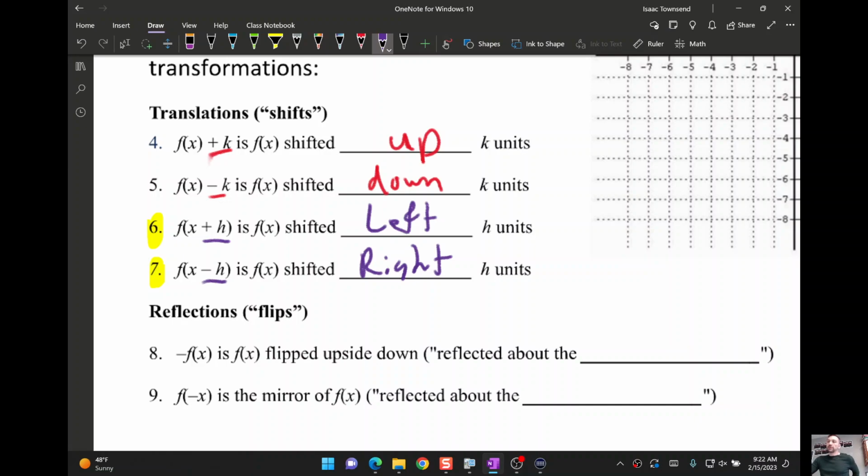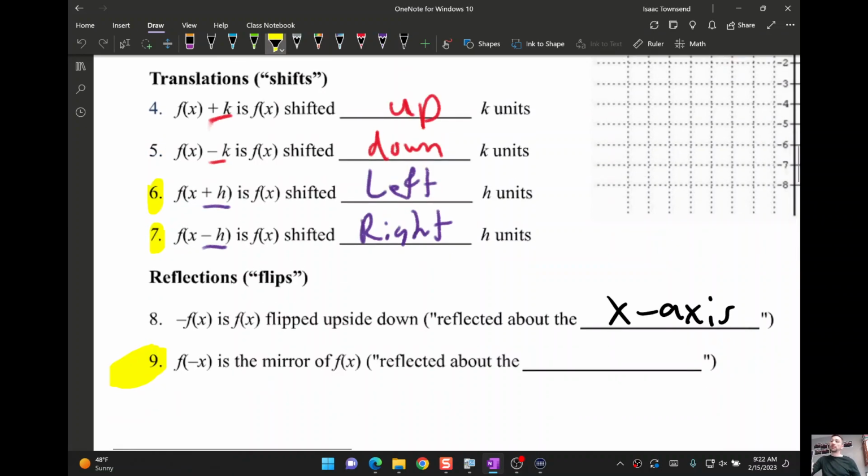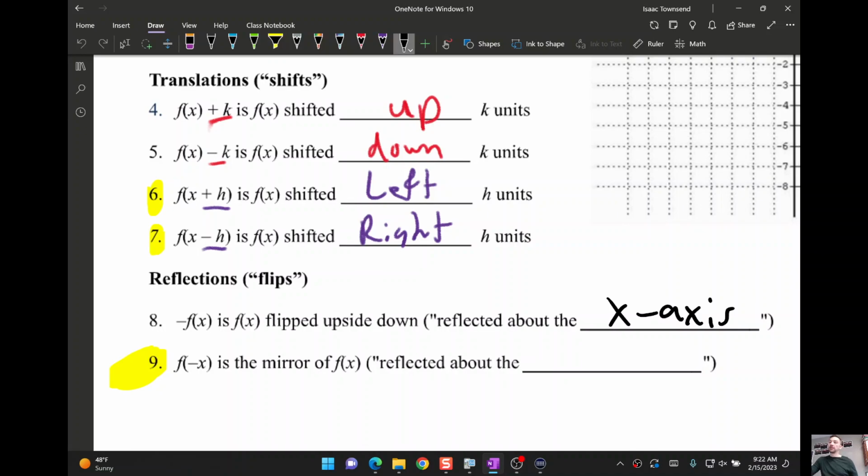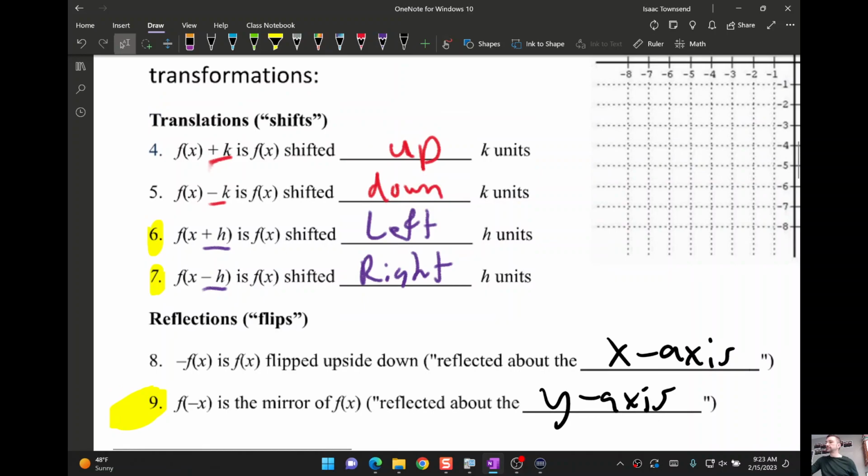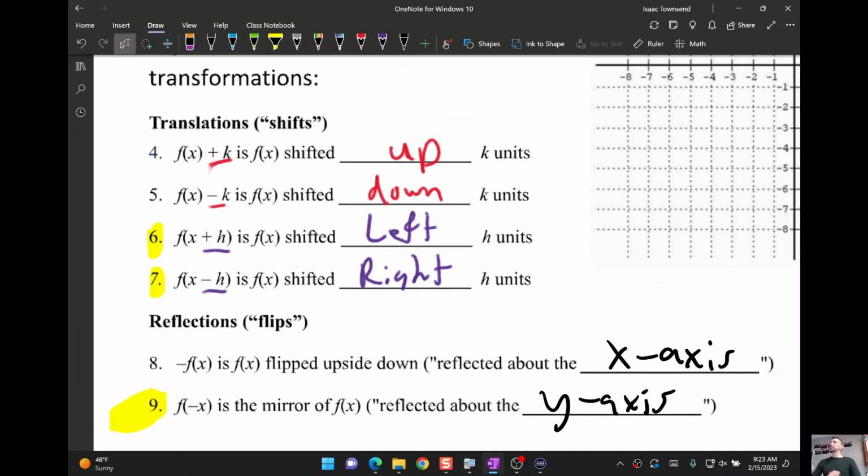If you multiply your whole function by a negative, that's how you get it to flip over the x-axis. And then number 9, this is one that you guys don't remember much, partly because you just don't see it as often. But if you just multiply x by a negative, not the whole thing, that's how you flip it over the y-axis. So I'm not saying anything new with these transformation rules, but just in case you've forgotten any of those, I want you to have them written down.